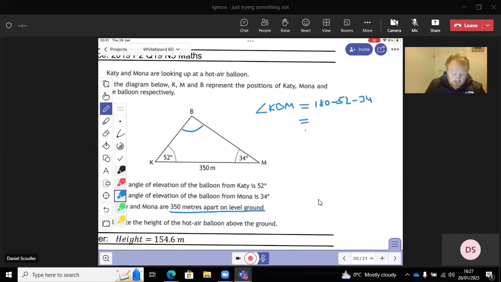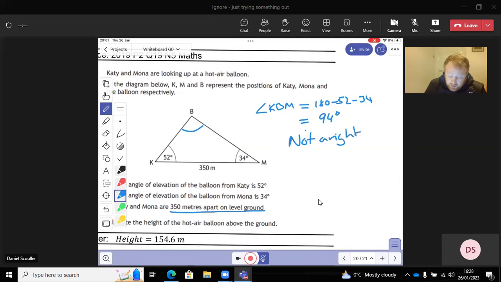Now this is just a wee quick check. I don't actually need this angle, I don't think, but we'll just have a wee look at it. 180 minus 52 minus 34 would give me an angle of 94 degrees. So it's pretty close to 90, so I was sort of right to check, all right? But it's not 90. So it's not a right angle.